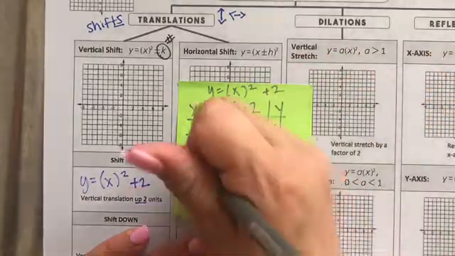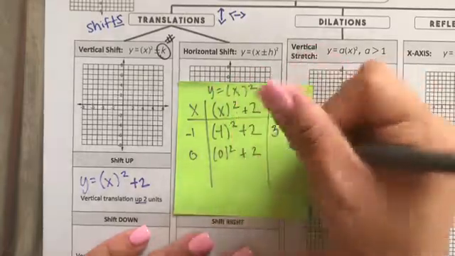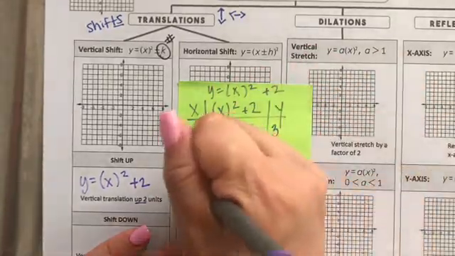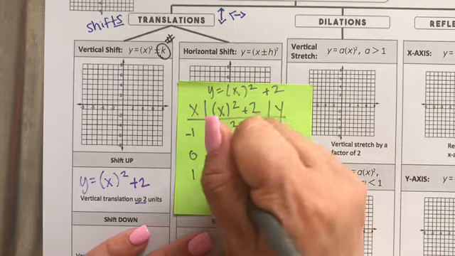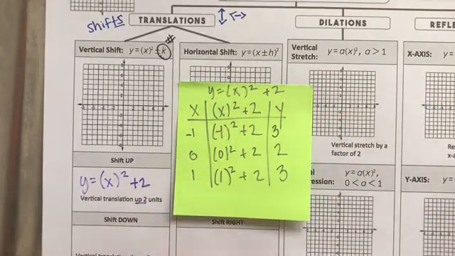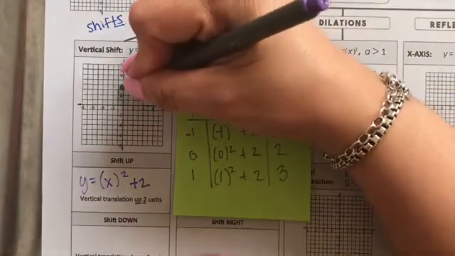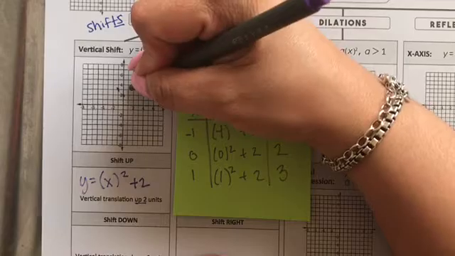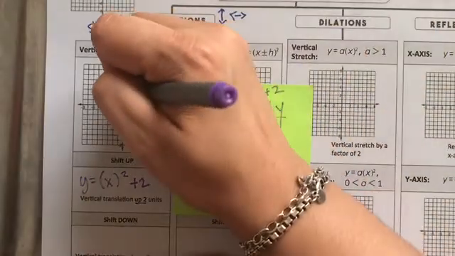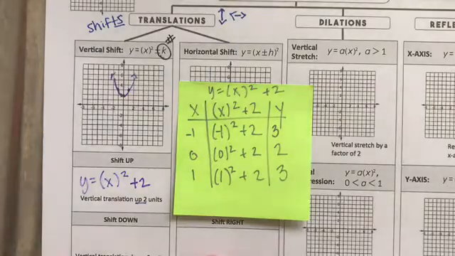And then 0: 0 squared plus 2 gives you 2. And then 1 again: 1 squared plus 2 again gives me 3. Let's graph these. I'm going to have (-1, 3), (0, 2), (1, 3), and then connecting them, that's going to be my function.